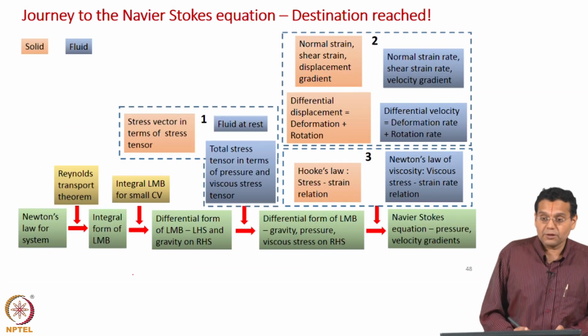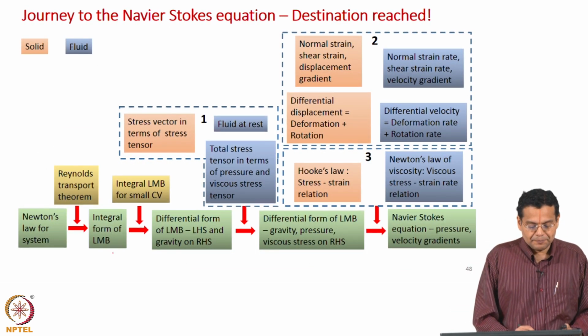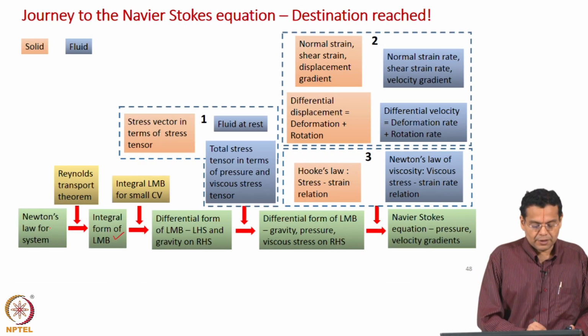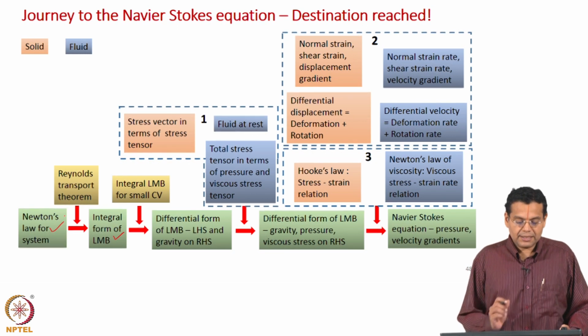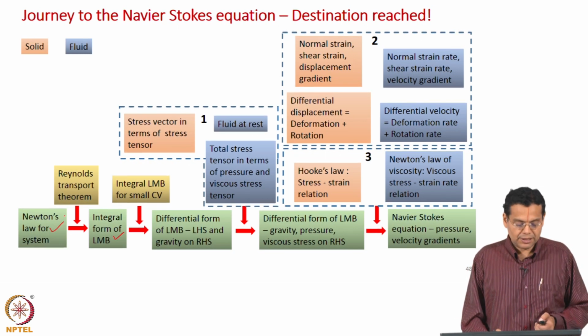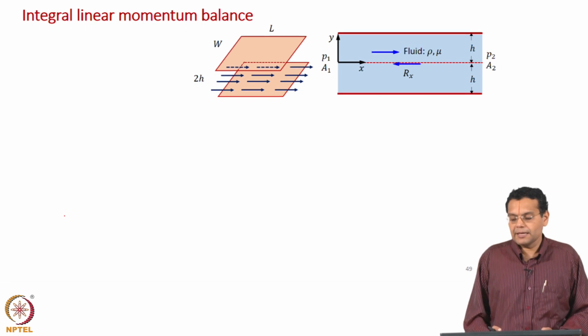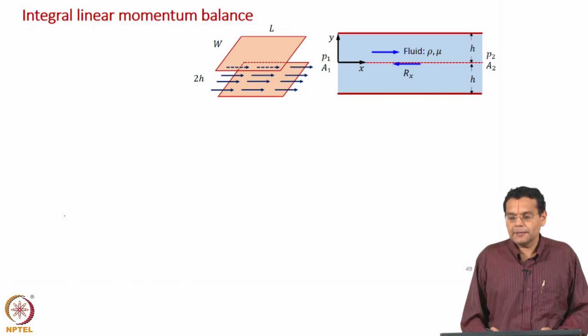Towards the beginning of linear momentum balance, we derived the integral form of linear momentum balance from Newton's second law of motion by applying Reynolds transport theorem. We also connect even the integral linear momentum balance to this example. Let us see how we do that. What is the idea? Once again, to evaluate the shear force acting on the plates.